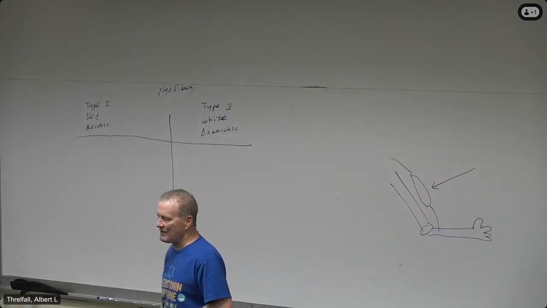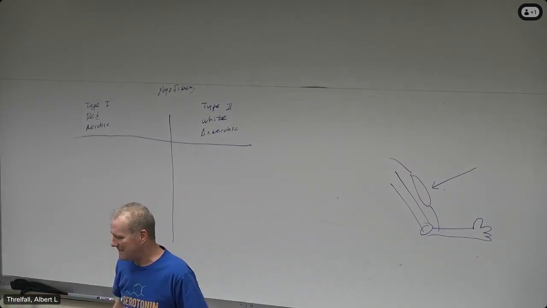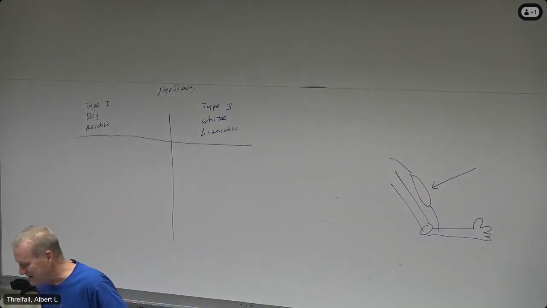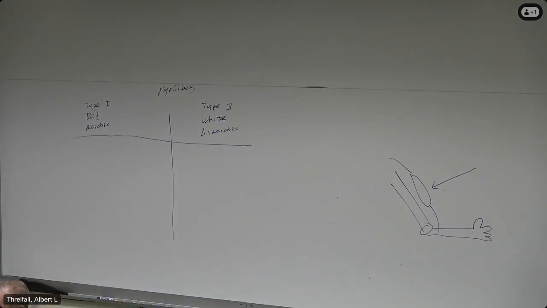I said a motor nerve innervates a muscle. It zaps the muscle and the muscle contracts. I said that's on or off, yes, no, binary. We have to be able to control the strength, the force, the speed.